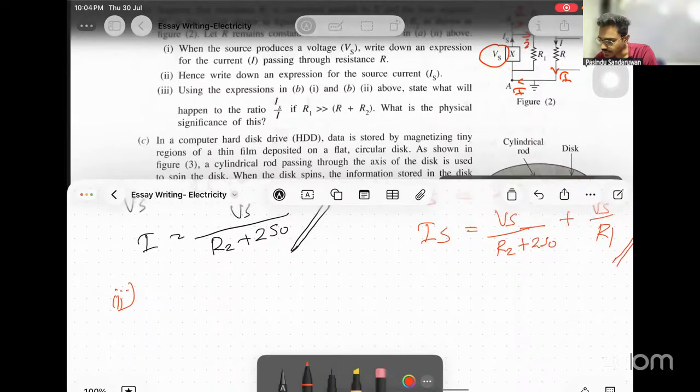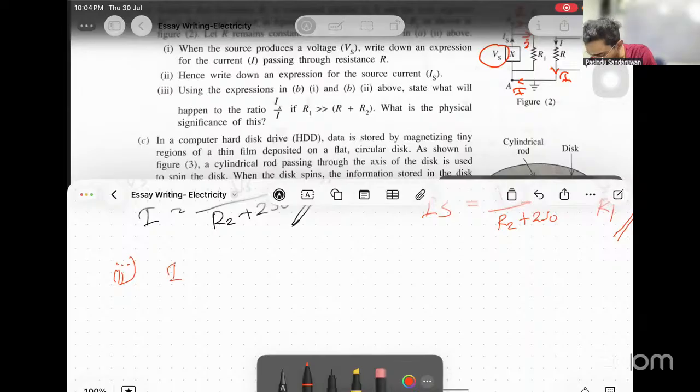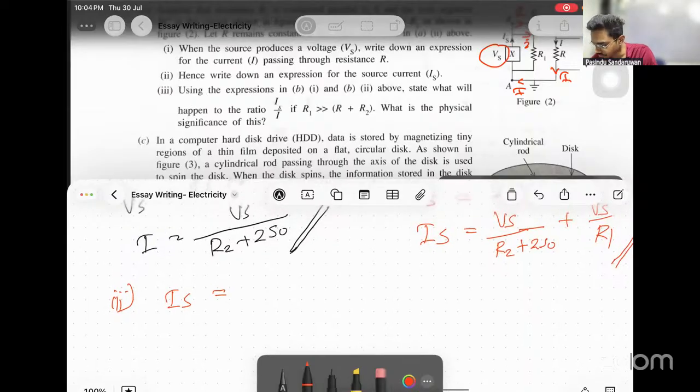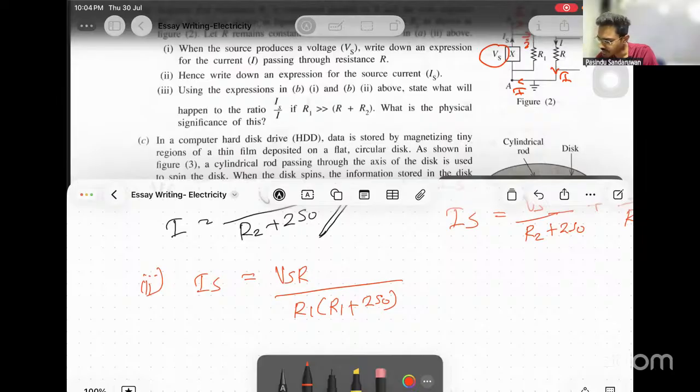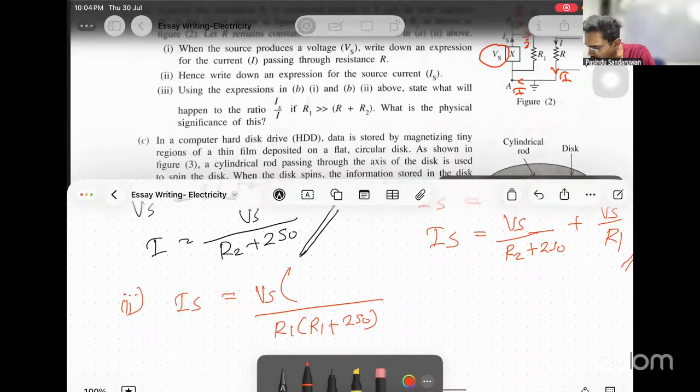Then let's divide these two. We need Is over I. For the Is equation, if you apply a common denominator, it is R1 times R2 plus 250, and the top becomes Vs R1. Vs is common, so let's take it out. Then R1 plus R2 plus 250 comes here.